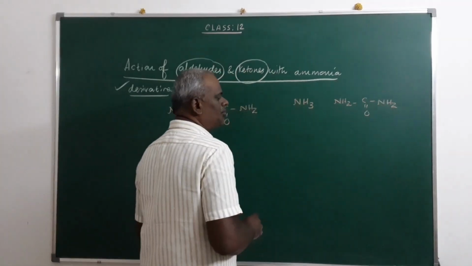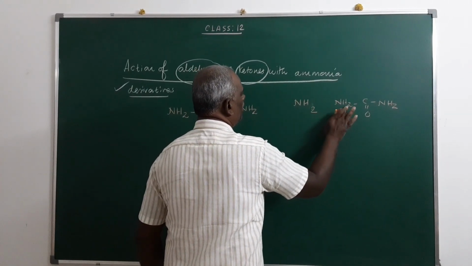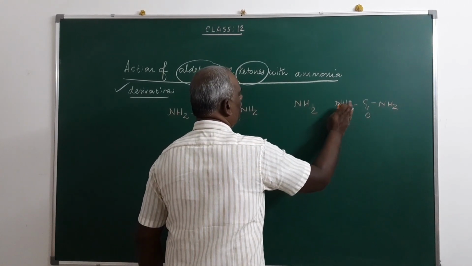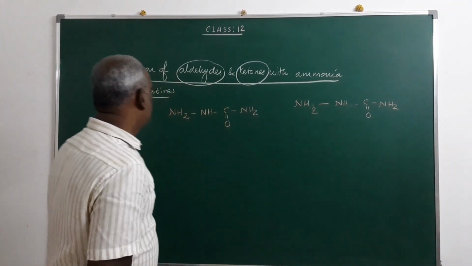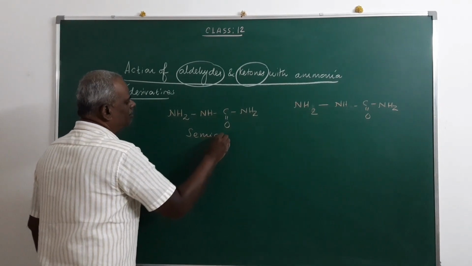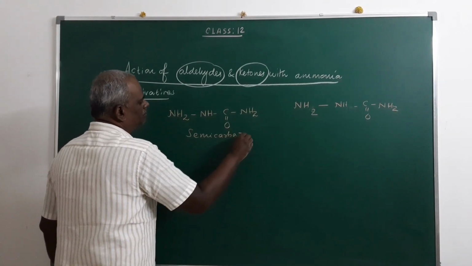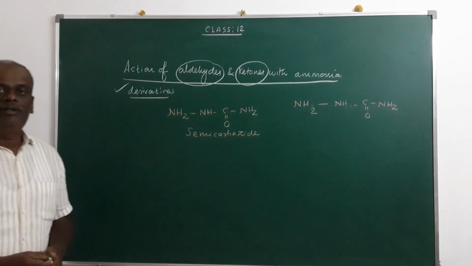Just fuse these two by replacing one of the hydrogens from the ammonia and one of the hydrogens from this urea. You can attach them so that you will be getting this product called semicarbazide. Yes, this is going to be the molecular formula for semicarbazide.